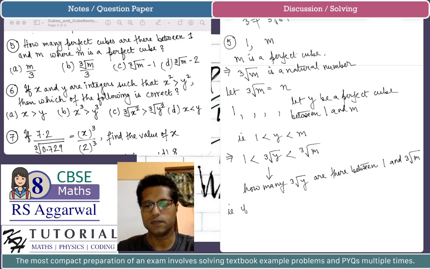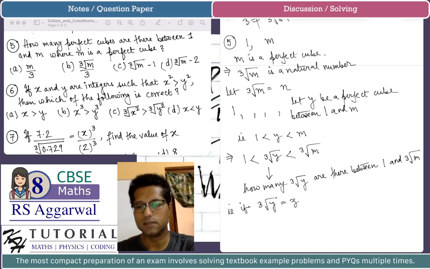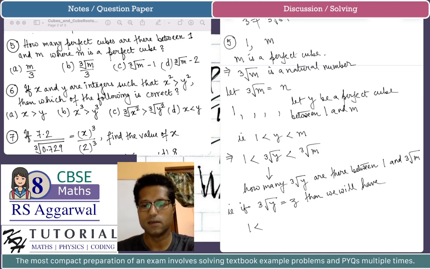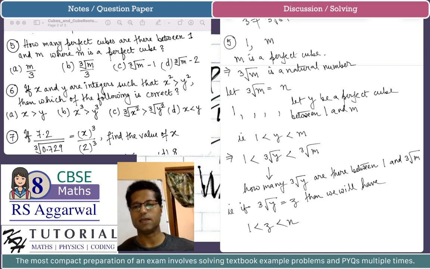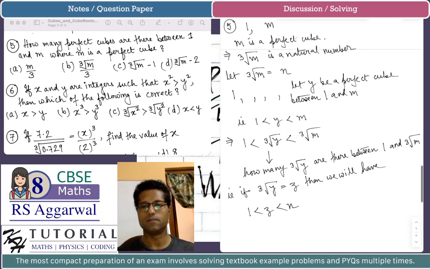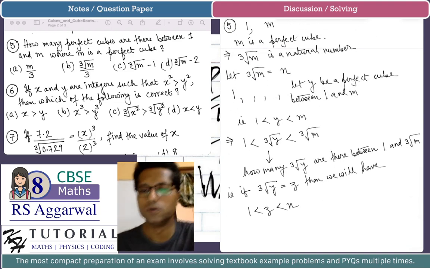If cube root of y is equal to z, then z must lie between 1 and n. And what is n? n is the cube root of m.